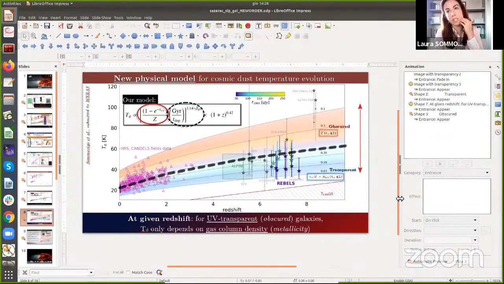We cannot actually say much about the offset between UV and infrared from this model, because it's a really simple model where we are considering the galaxy as a single blob where the UV and infrared emission are cospatial. But we are working on a more detailed two-phase model of the ISM where we can also target the separation in these two emissions. So not with this model, but we are working on this.